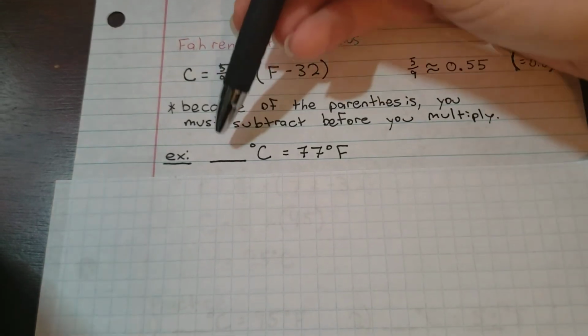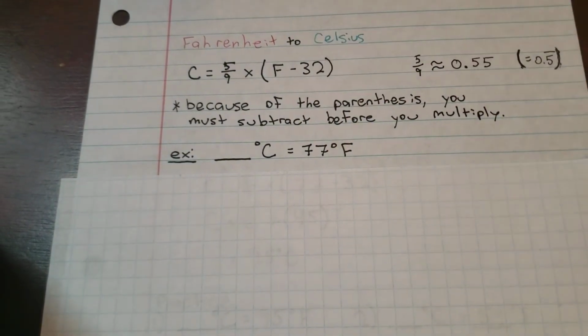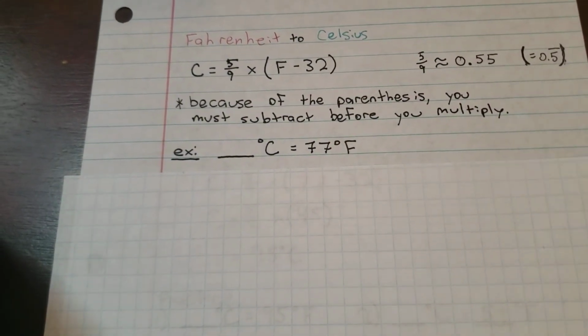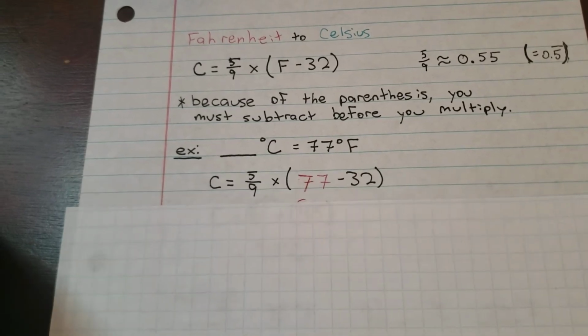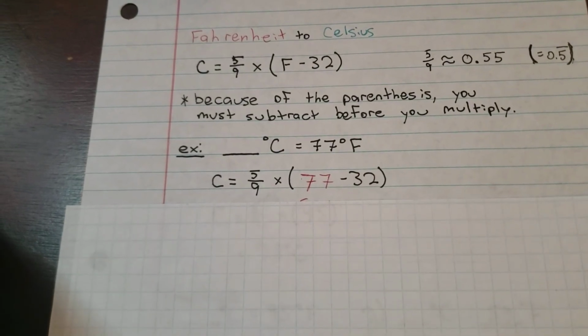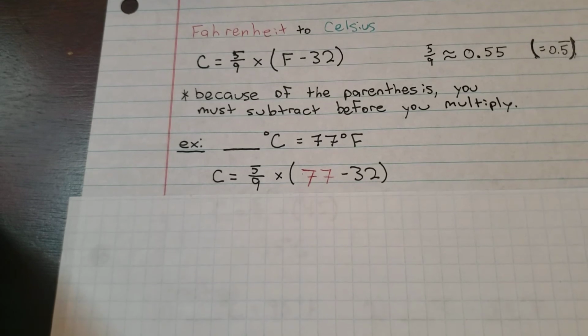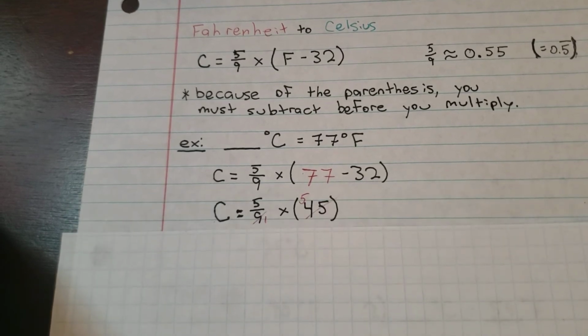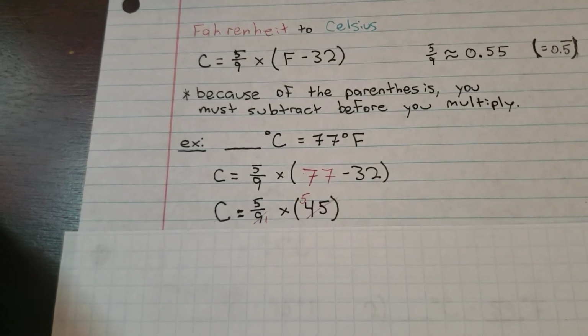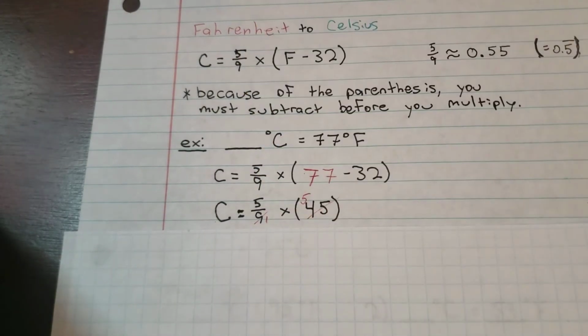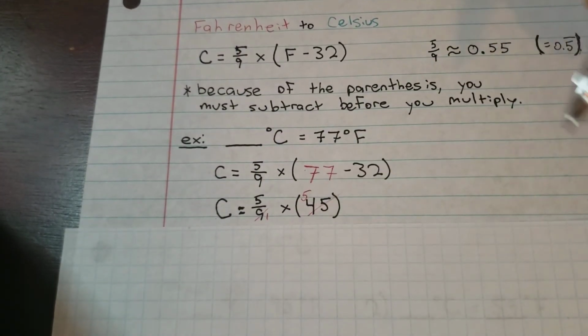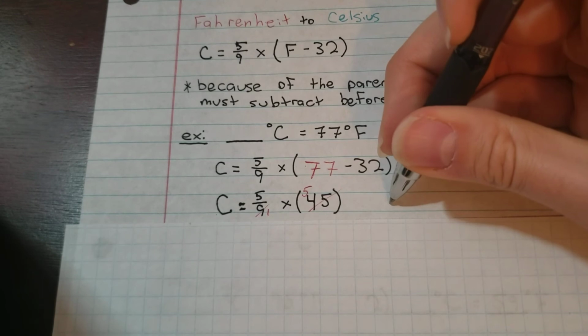So we want Celsius, but we have Fahrenheit. So this is where we subtract 77 minus 32 before we multiply. That's going to leave us with 45. Here I've simplified.